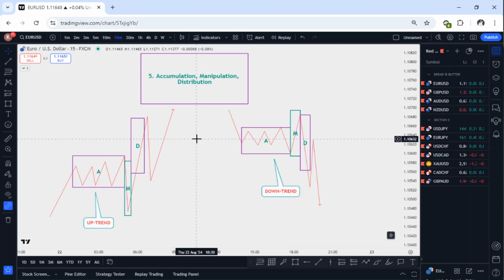These are the phases in the market cycle where smart money accumulates or distributes large positions. Accumulation usually occurs in a sideways market after a significant downtrend or uptrend. So SMC traders, we look for these phases to align our trading direction.